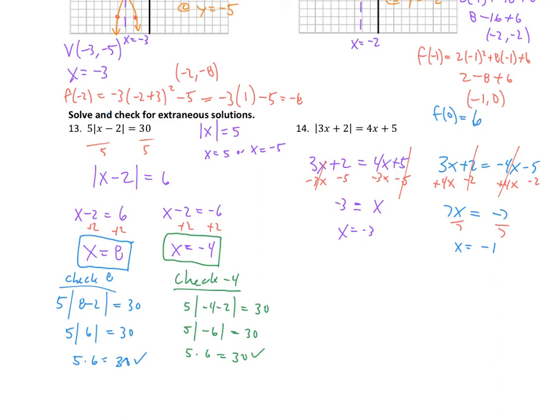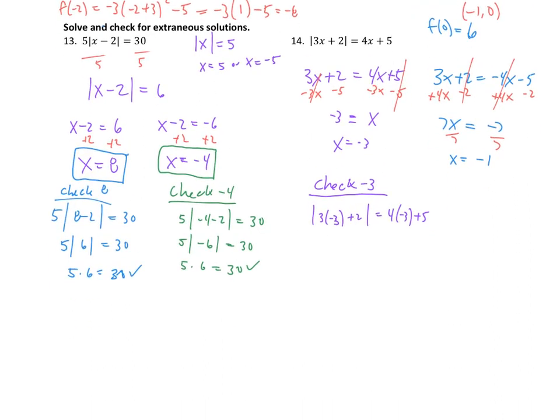So I'm going to check -3. Again, make sure you plug back into the original equation. Do not plug back into anything else. So the absolute value of 3 times -3 plus 2 equals 4 times -3 plus 5. Just simplify, don't solve.